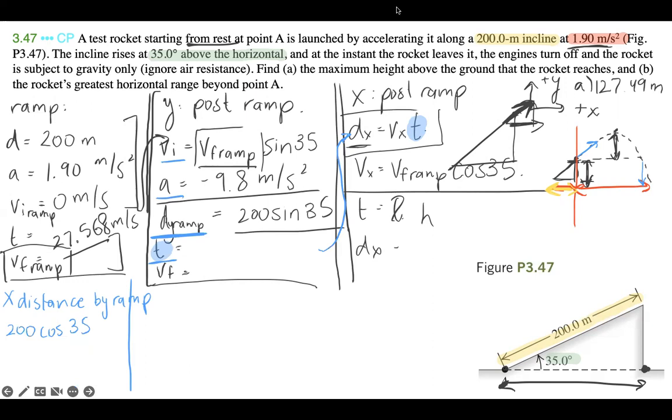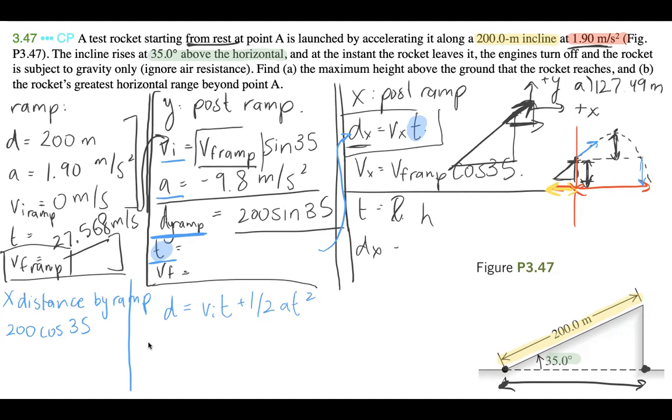The kinematic equation that we're going to use is the one that we typically use: d is equal to vi t plus half of a t squared. We know that this d ramp is going to be in the minus direction, so it's going to be minus 200 sine 35.